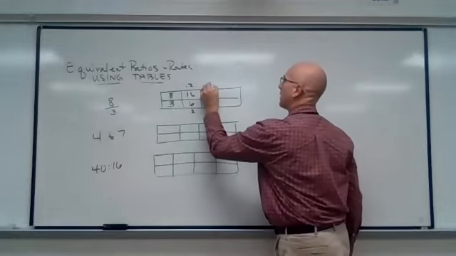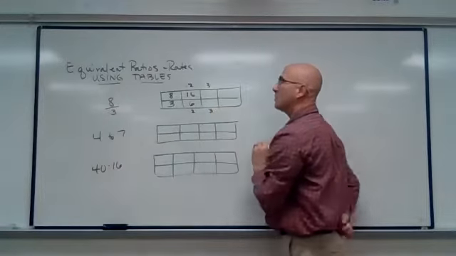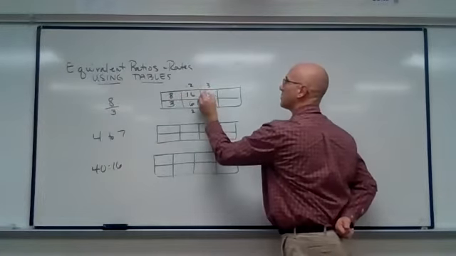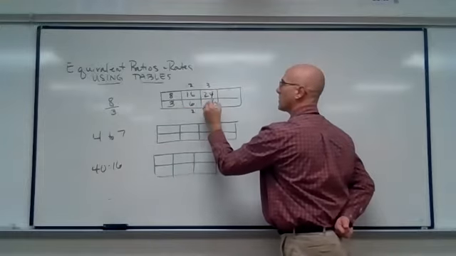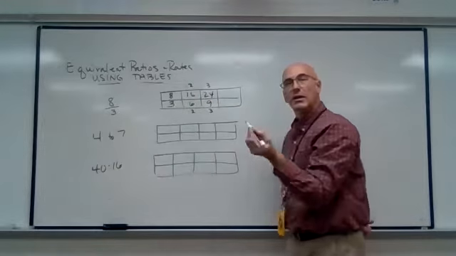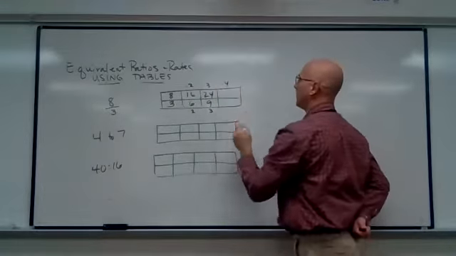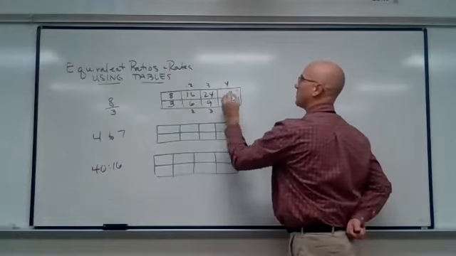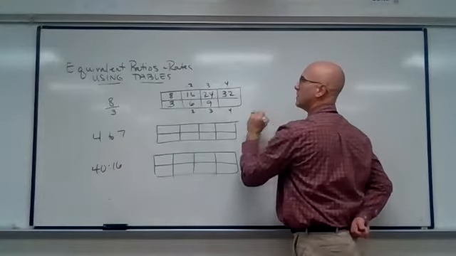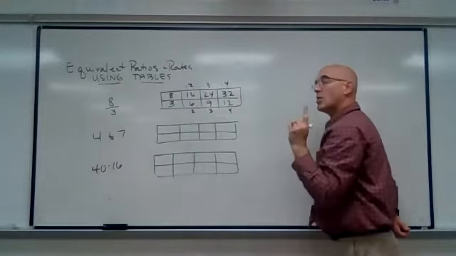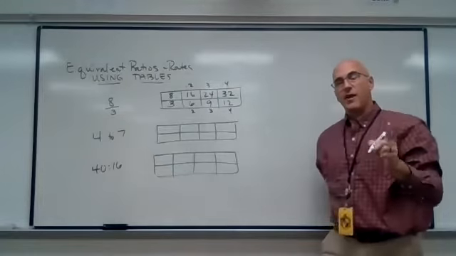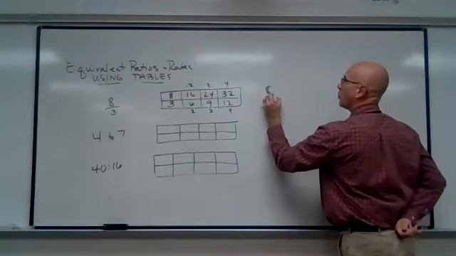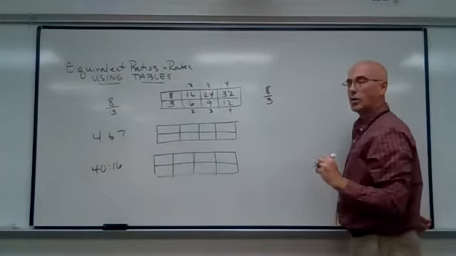Let's multiply that original ratio by 3. 8 times 3 is 24. 3 times 3 is 9. And finally, let's multiply them by 4. 8 times 4 is 32. 3 times 4 is 12. So we can say now that the following ratios are equivalent.